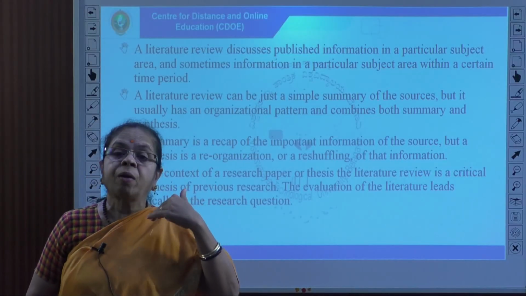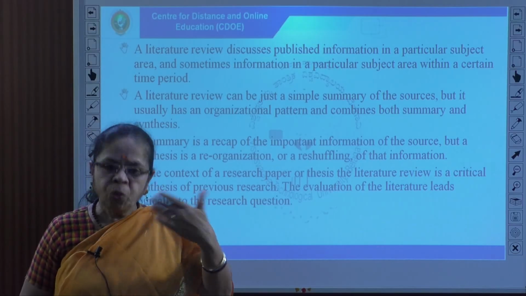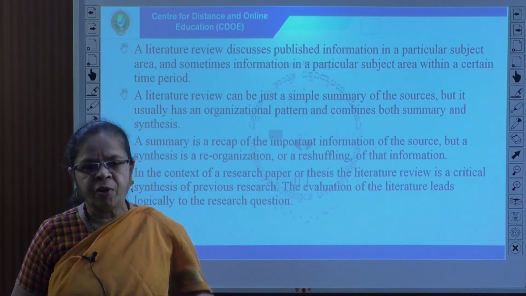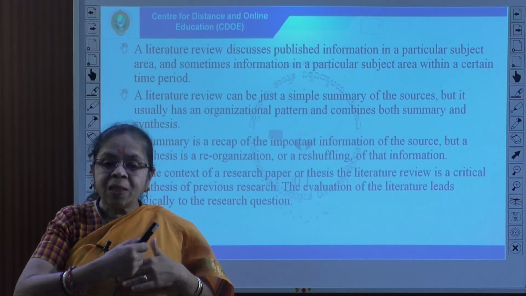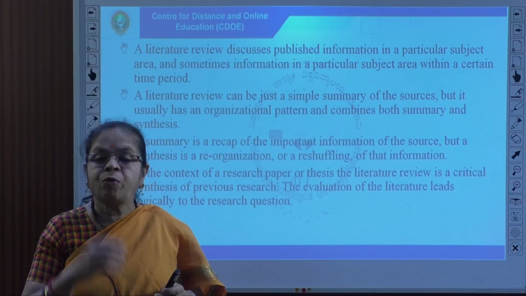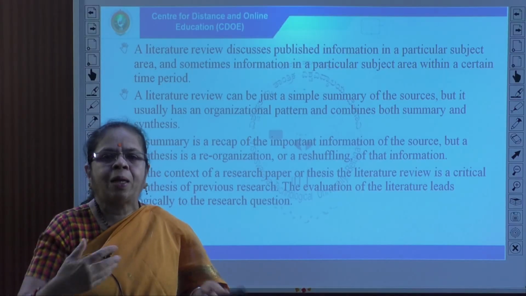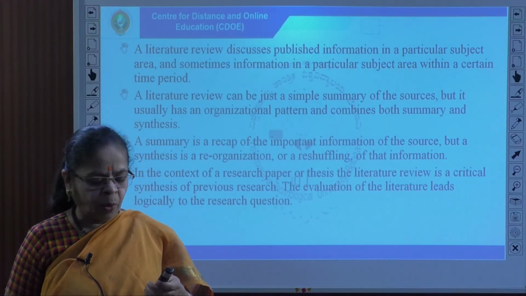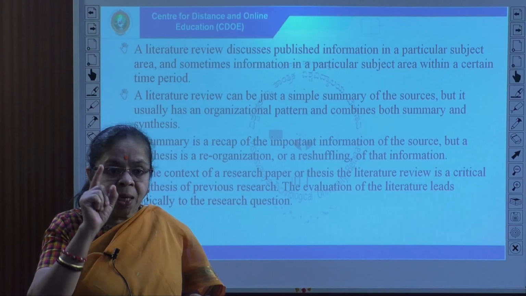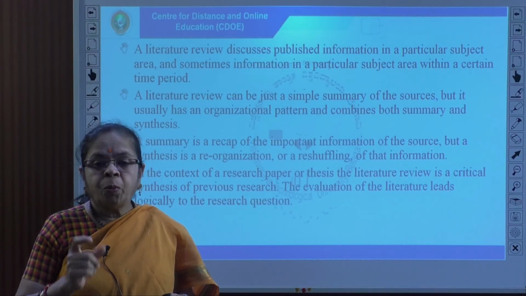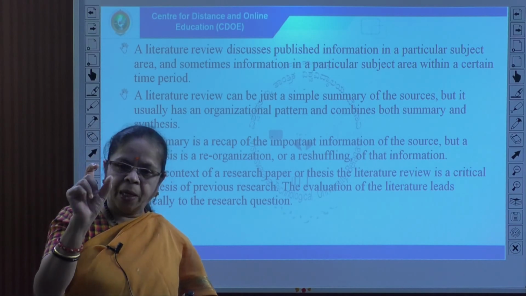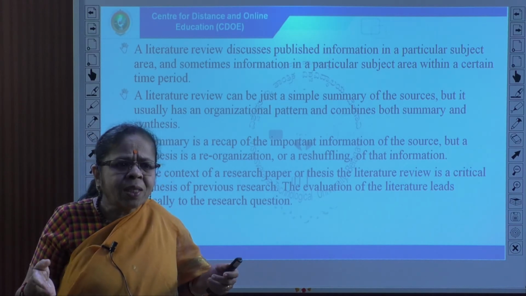So, supposing you have a review paper or you want to review, the process of reviewing, what will it involve? So, you have to discuss the published information. So, if you write a paper, you discuss, otherwise you evaluate. When you are doing a review, you evaluate on a particular subject area and within that subject area on a particular topic, and you may just want a certain time period.